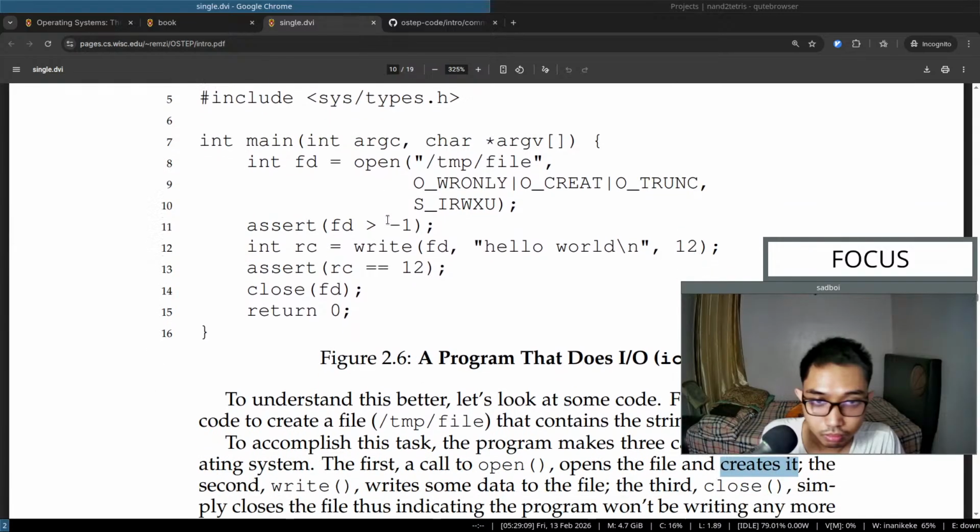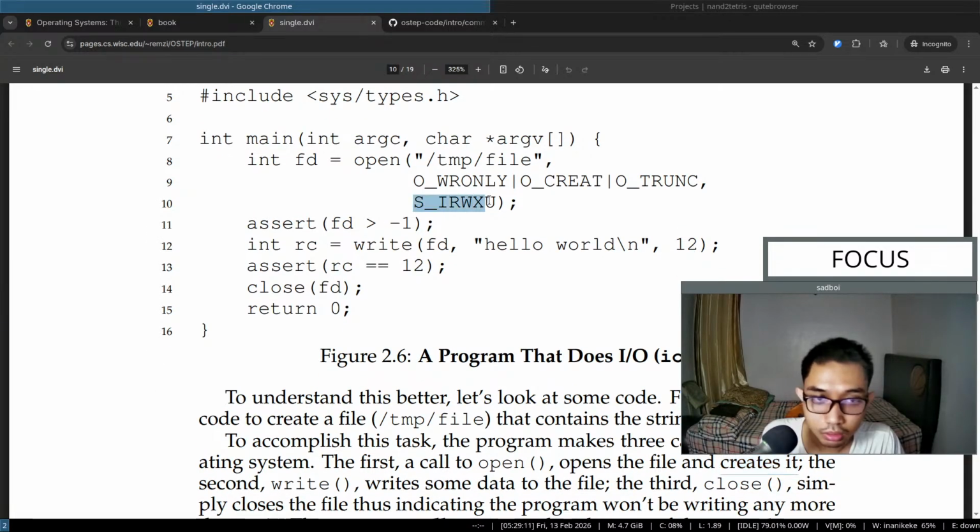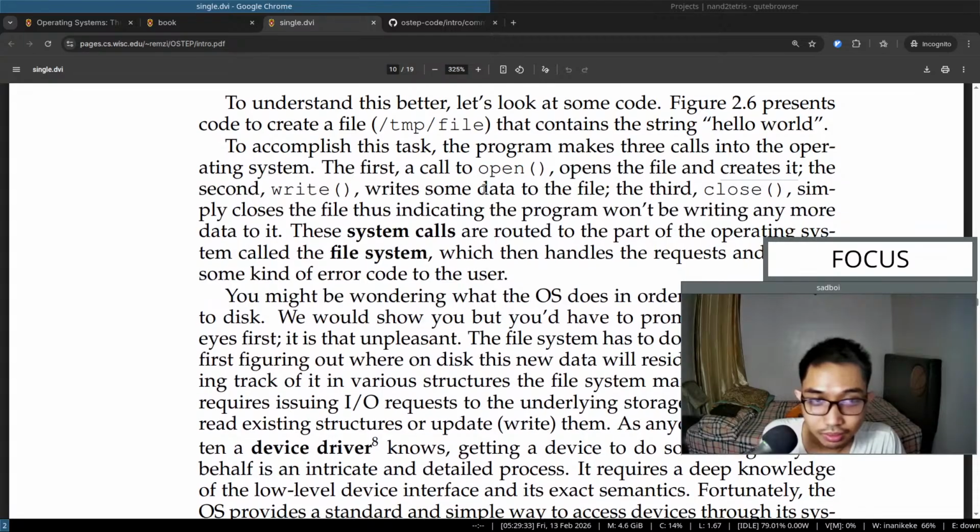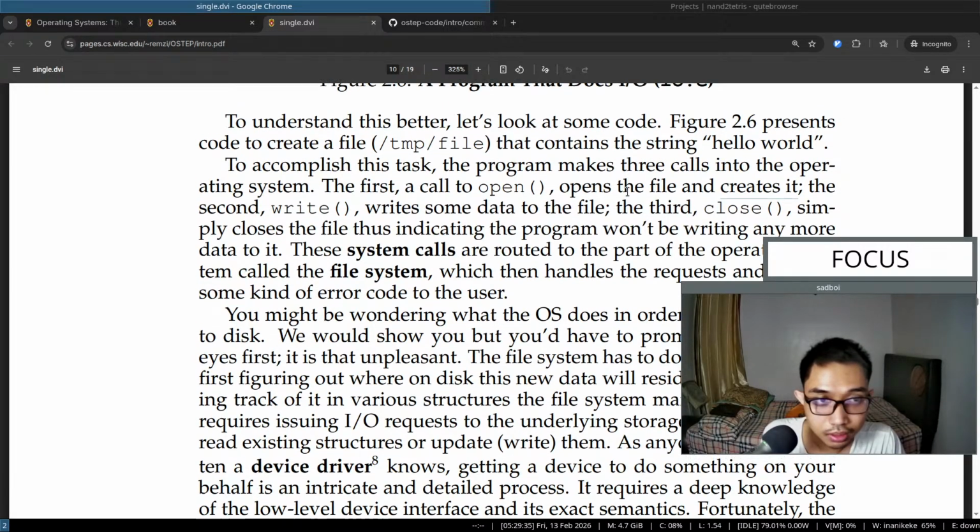I assume maybe that is what this mode does. Oh, no, maybe this one. Maybe. Is this something like concat? Yeah, I'm still not sure how the open function works.